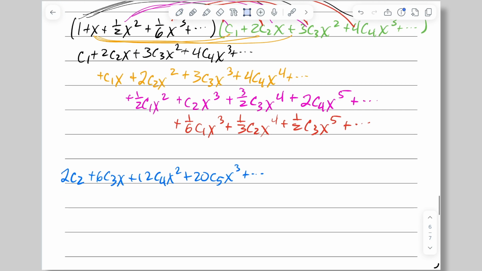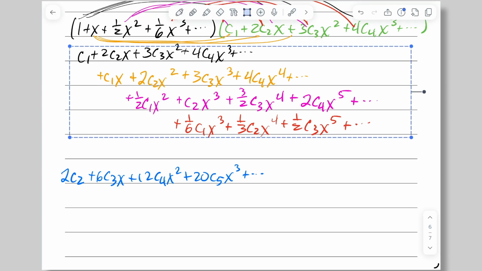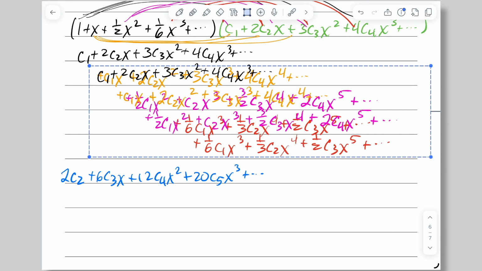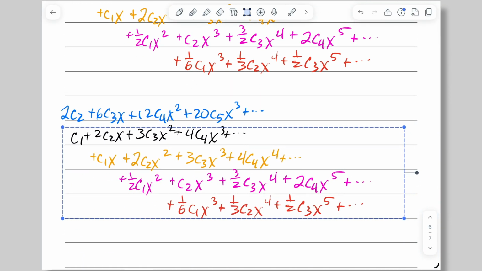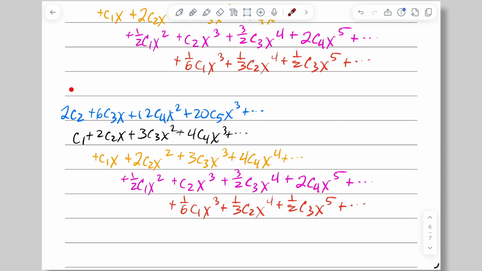Then I'm going to take all those terms that we just generated, and line them up underneath the terms that we just wrote down, in such a way that all the constants line up, all the x's line up, all the x squareds line up. It's just a bookkeeping thing.